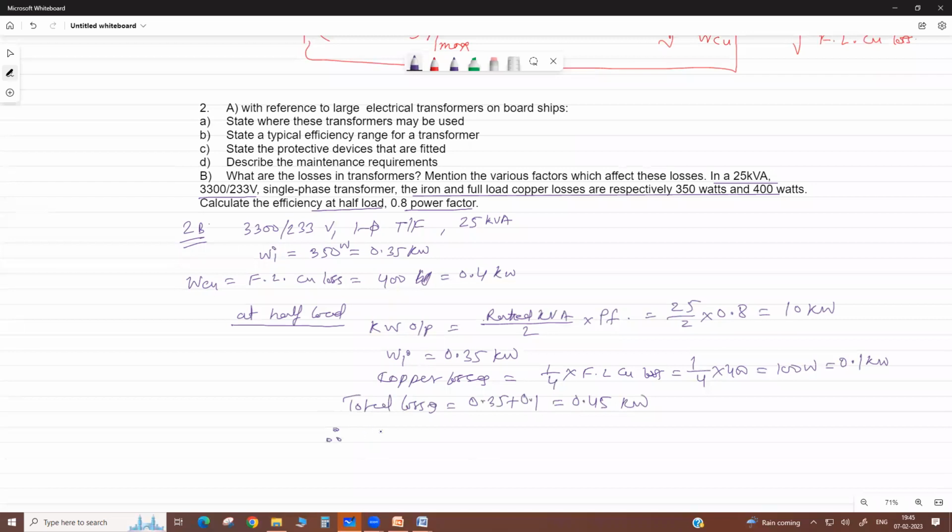Therefore, kilowatt input power to the transformer is output plus total losses at half load. Output at half load is 10, total losses are 0.45. Correct, no?